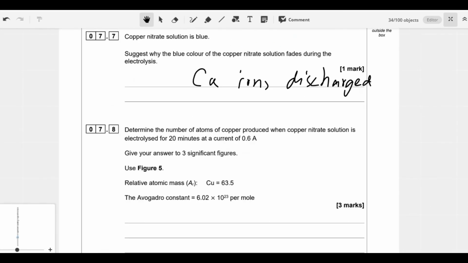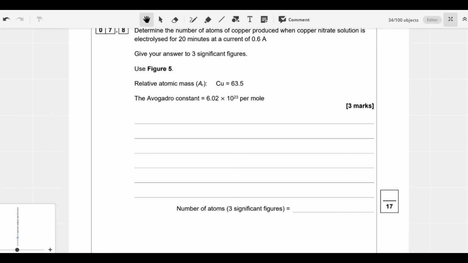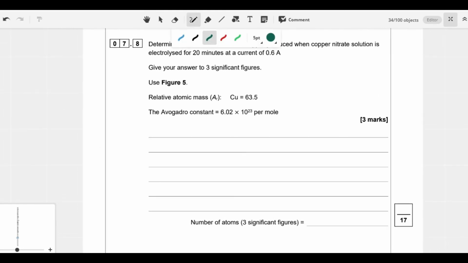You need to find the number of moles first. As you know, moles equal mass over molar mass. So n is equal to 0.24 divided by the copper atomic mass, 63.5, and you get the number of moles equal to 0.00378.